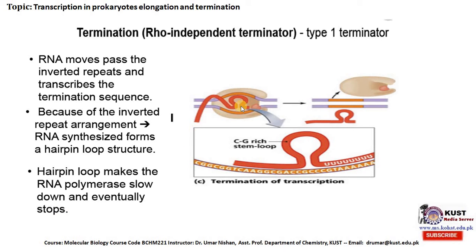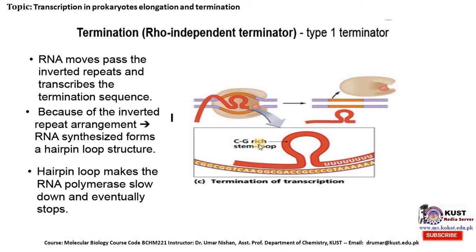This is how you see this loop, CG. You see that the RNA polymerase is removed. Removal of RNA polymerase means that the process of transcription is terminated.